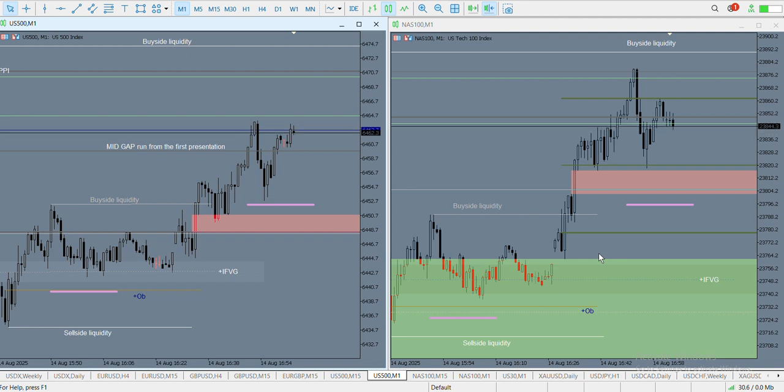Today is really a beautiful session to be tape reading. I've already explained why I'm not really looking for any kind of buy or sell inside this market structure.